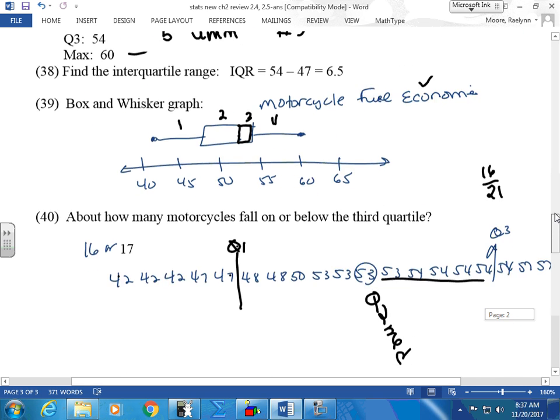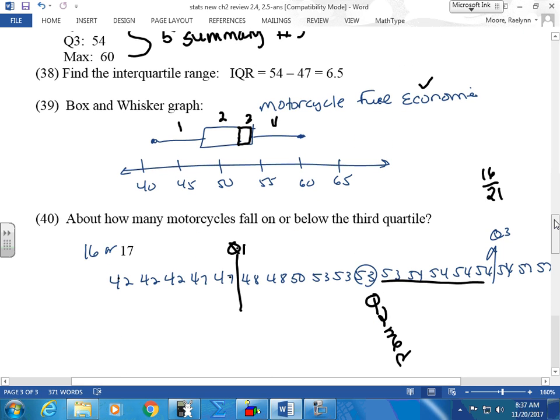When we went to z-scores on this one, I just want you to do this ratio, 16 over 21. If we do a z-score formula on this, it was just too exact for it. This is more just a rough estimate by the positions, because having your standard deviation gives us a different look at it. Box and whisker doesn't include your standard deviation at all.